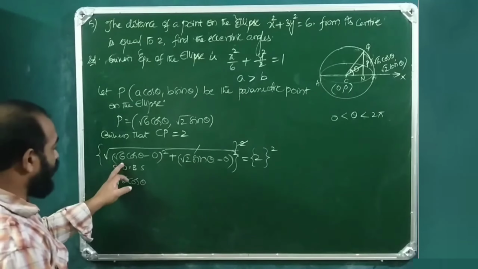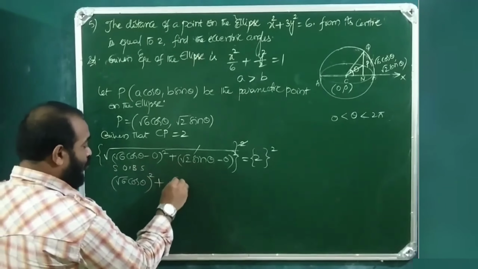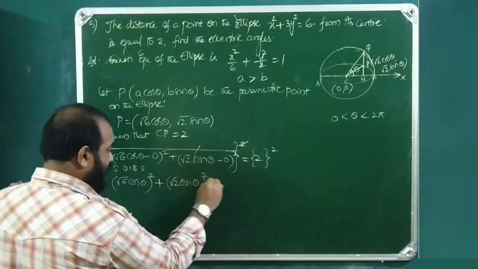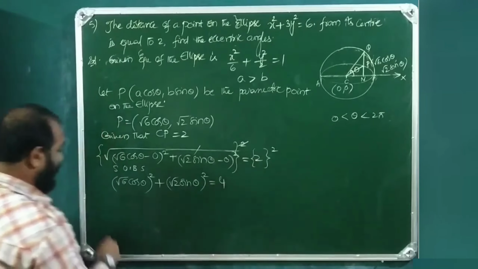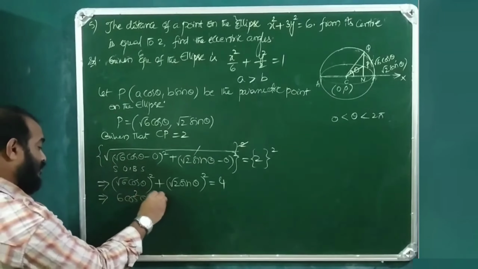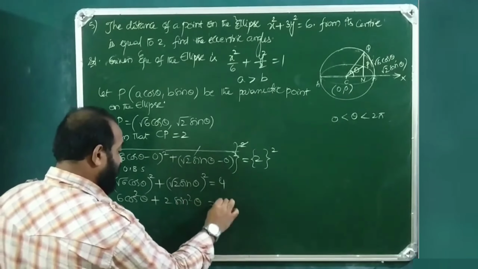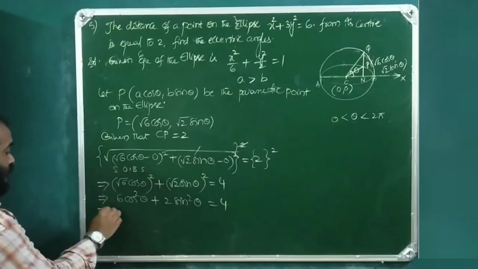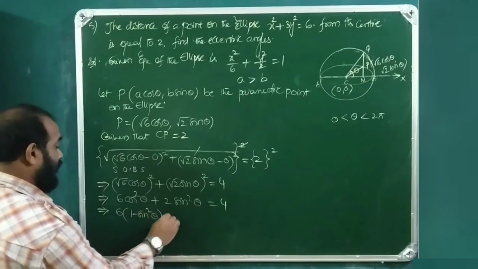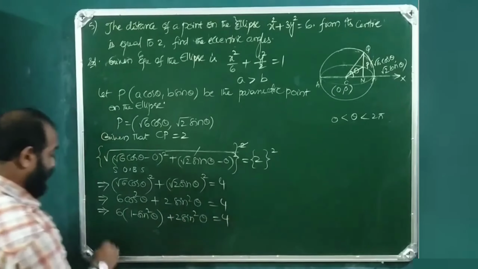We get root 6 cos theta whole square plus root 2 sin theta whole square is equal to 2 square, which is 4. This is 6 cos square theta plus 2 sin square theta is equal to 4. So 6 into cos square theta, which is 1 minus sin square theta, plus 2 sin square theta is equal to 4.